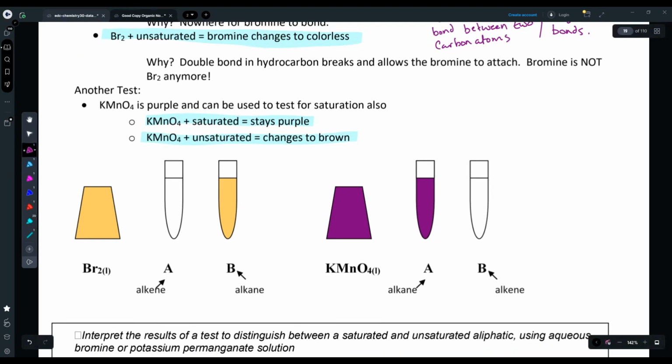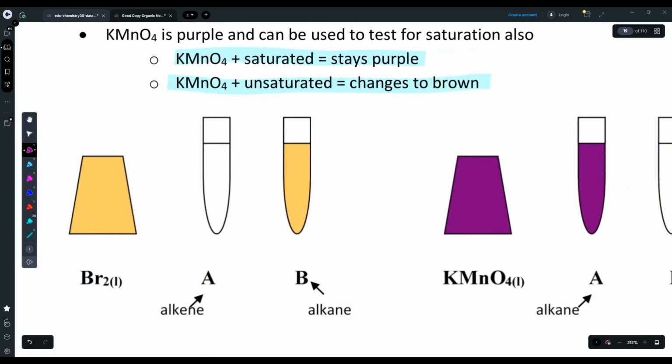Looking over here, this is just a more visual way to say what we just said. So bromine by itself is this dark orange, reddish brown color, and in solution A, there was an alkene present, or even an alkyne.